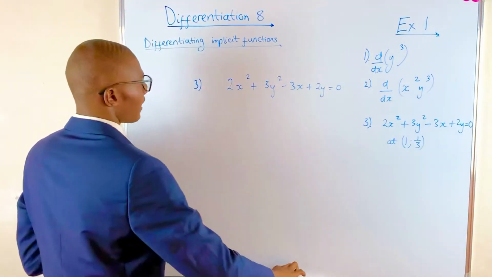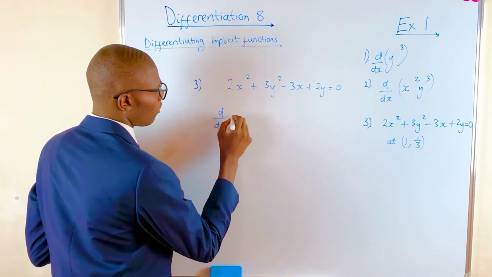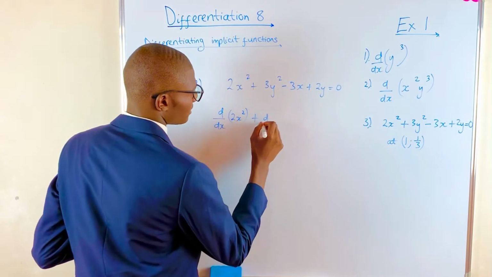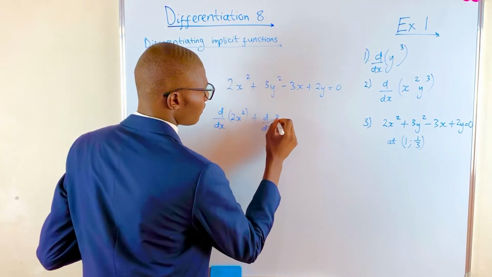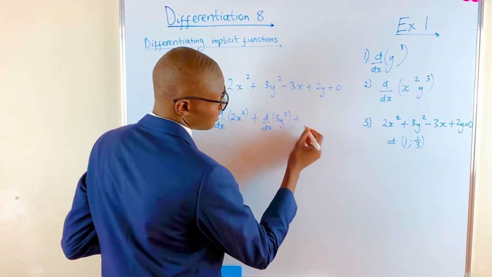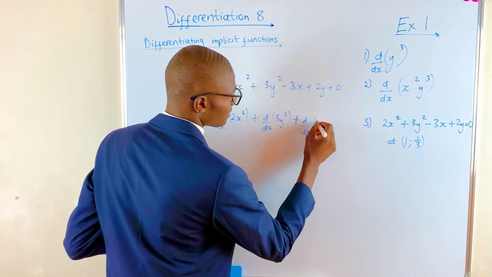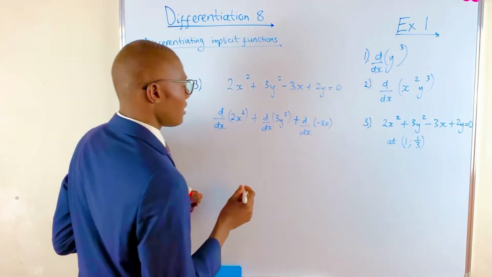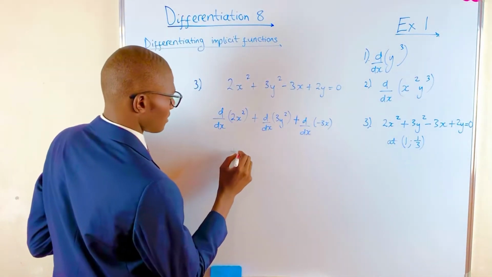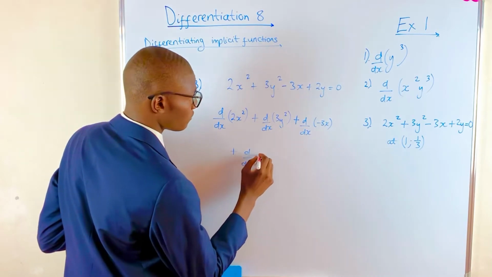So we are saying that d by dx of 2x squared plus d by dx of 3y squared plus d by dx of minus 3x, then plus d by dx of 2y.